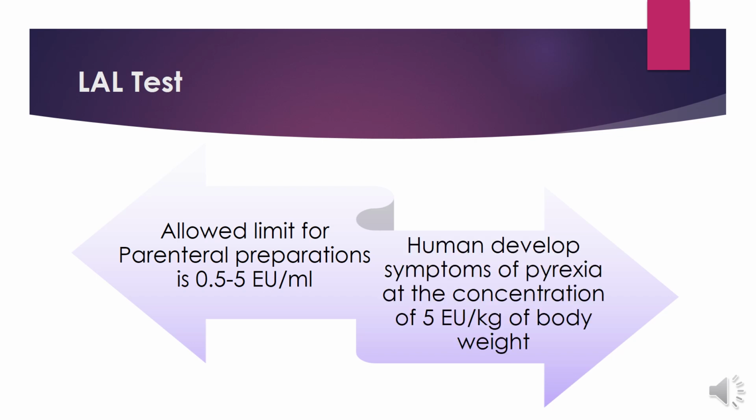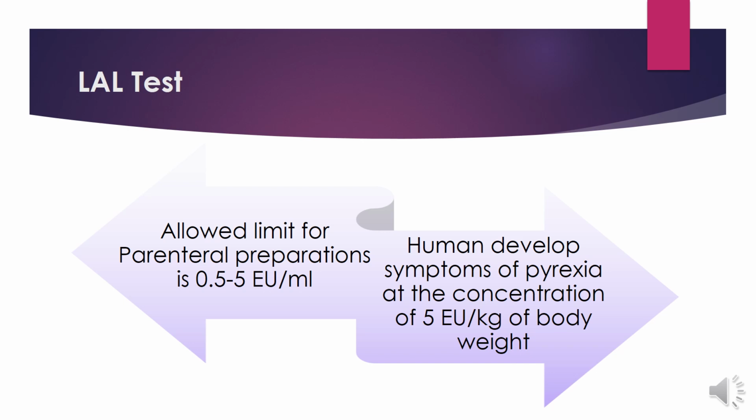Basically, humans develop symptoms of pyrexia or fever at a concentration of 5 endotoxin units per kg of body weight. So when the pyrogen concentration is up to 5 endotoxin units per kg of body weight, that can cause pyrexia or fever in humans, whereas the limit you can see is between 0.5 to 5 endotoxin units per ml.